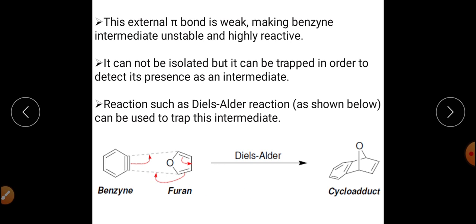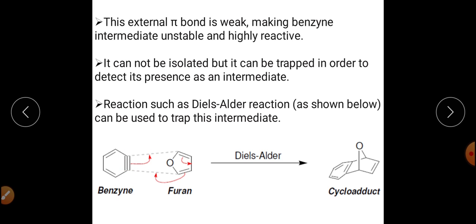When furan is added into the reaction mixture, and we know the mechanism proceeds with the formation of the benzyne, there will be a Diels-Alder reaction between the benzyne and the furan, and we can observe this cycloadduct.